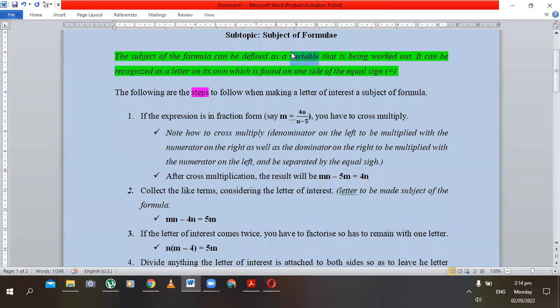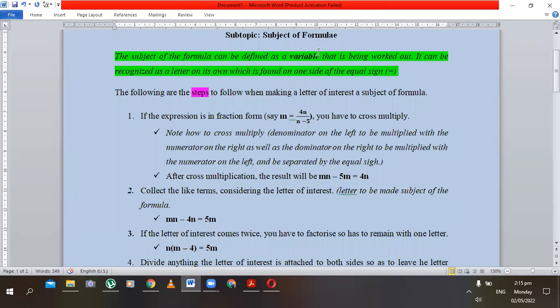And you understand what a variable is. Most of the times a variable is a letter. So that variable which is being worked out, what does it mean?